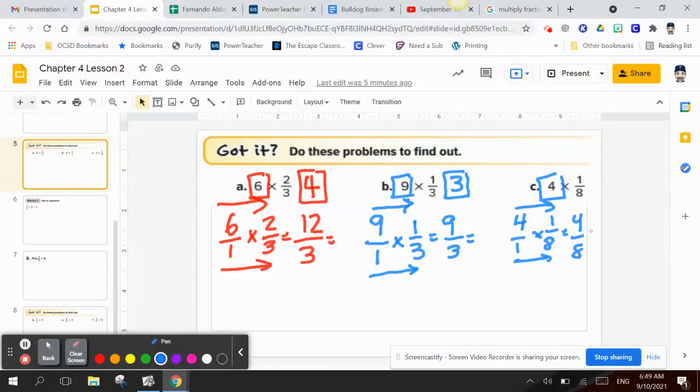To put that in simplest form, you can divide each by 2 because they're both even numbers. 4 divided by 2 is 2. 8 divided by 2 is 4. I still have two even numbers, so I can divide each of those by 2. 2 divided by 2 is 1. 4 divided by 2 is 2. So the answer is 1/2.